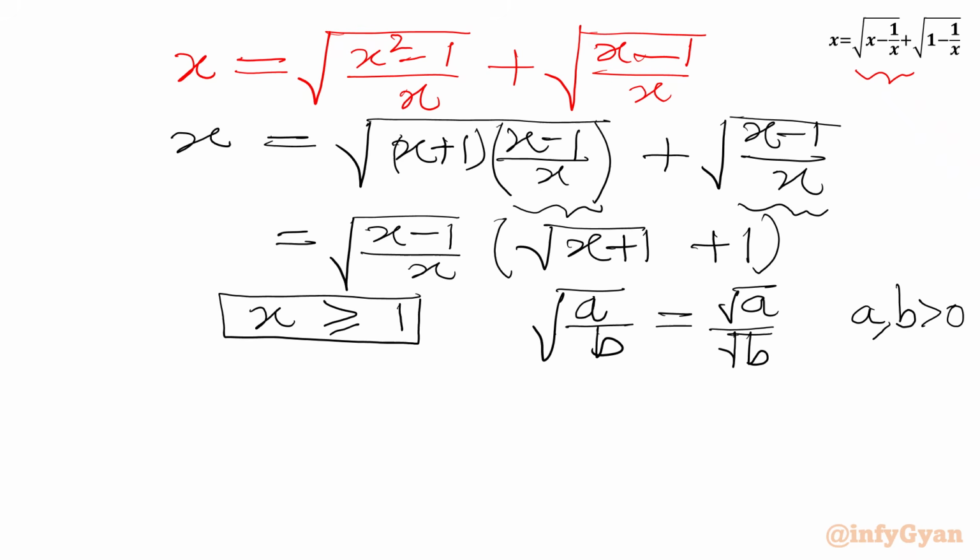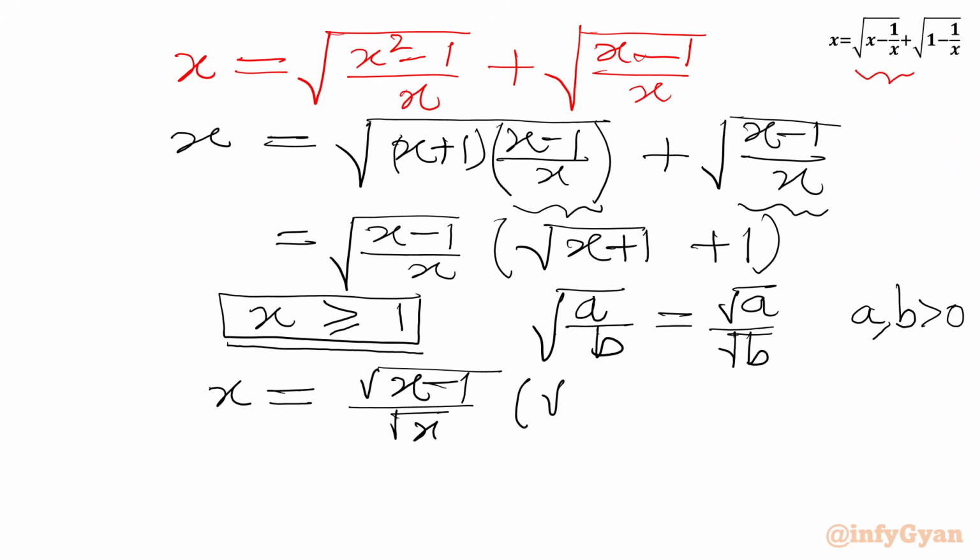So as per our condition, x greater than or equal to 1, we will write our equation x equal to square root of (x minus 1) over square root x times (square root of (x plus 1) plus 1). Now we can multiply our equation by square root x on both sides.